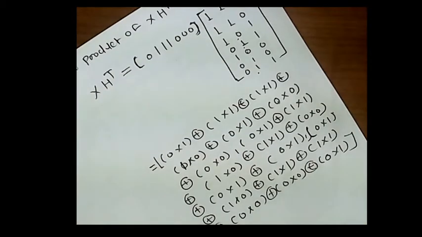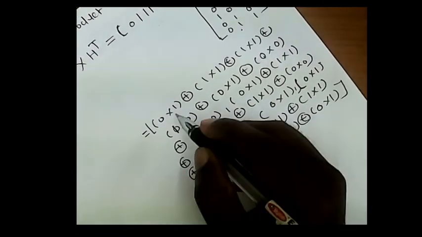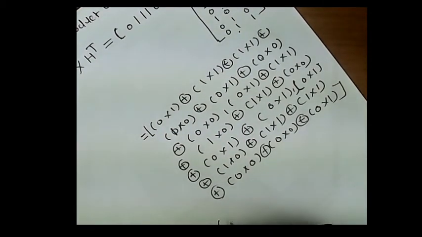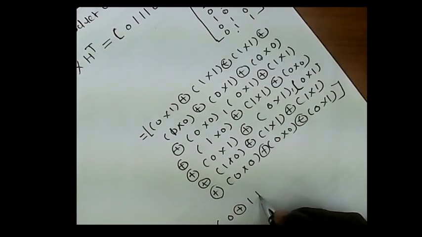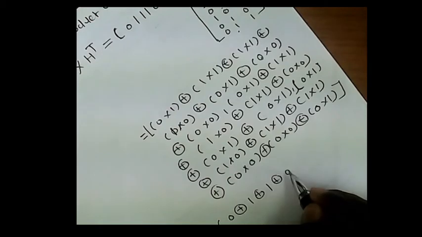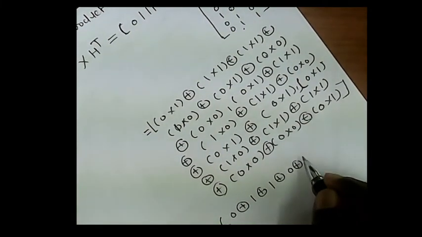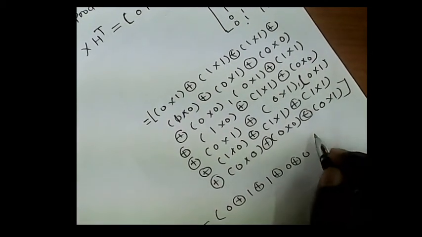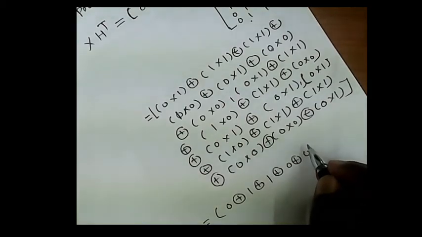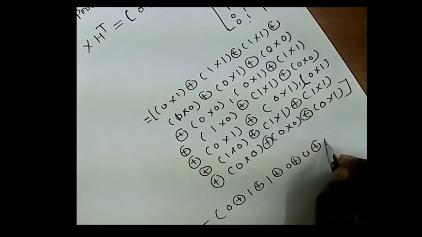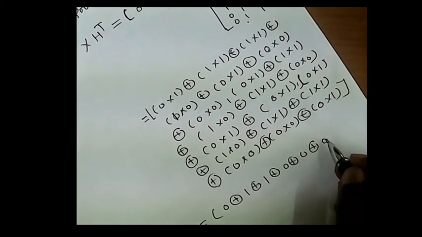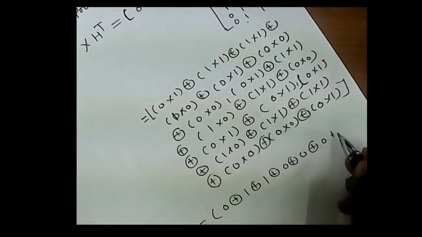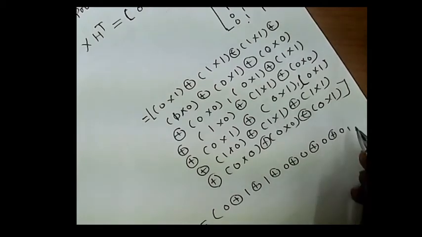After solving these equations for each row and each column with modulo 2 arithmetic, we get the products for the first row and first column.